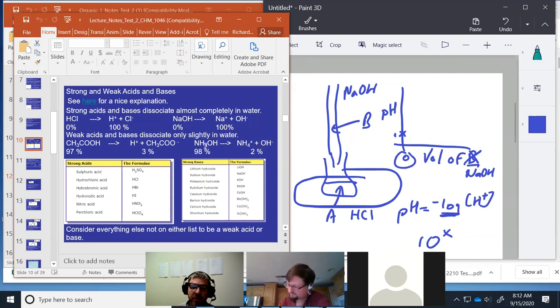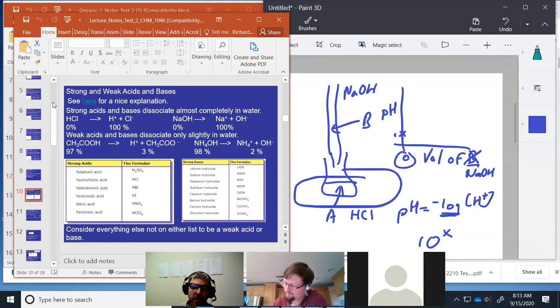And you can see that, for example, ammonium hydroxide, NH4OH, will only split up 2% into NH4 plus and OH minus. So that would be an example of a weak base. So acids split into H plus, hydroxides split into OH minus. H plus and OH minus both give water, of course, when you add them together. Does anybody have any questions about strong acids, weak acids, strong bases, weak bases?